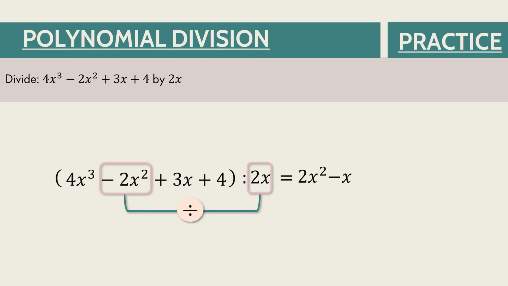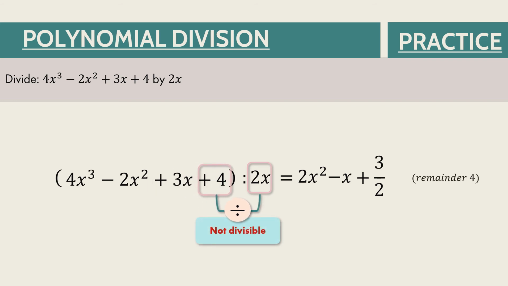Next, negative 2x squared divided by 2x. It is negative x. 3x divided by 2x. It is 3 over 2. And the remaining 4 cannot be divided. So we have a remainder 4. Have you got it?